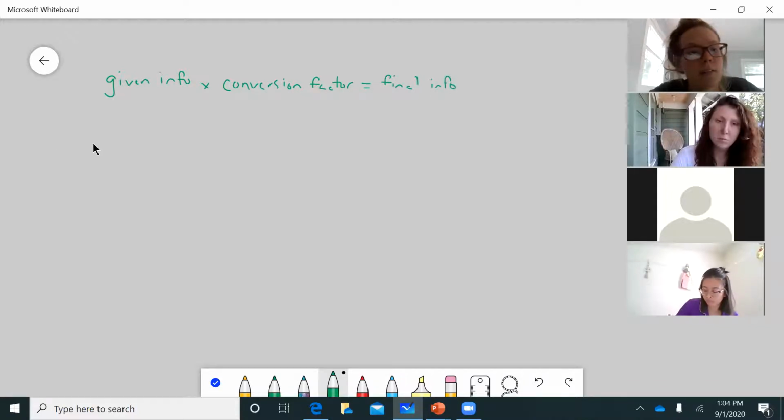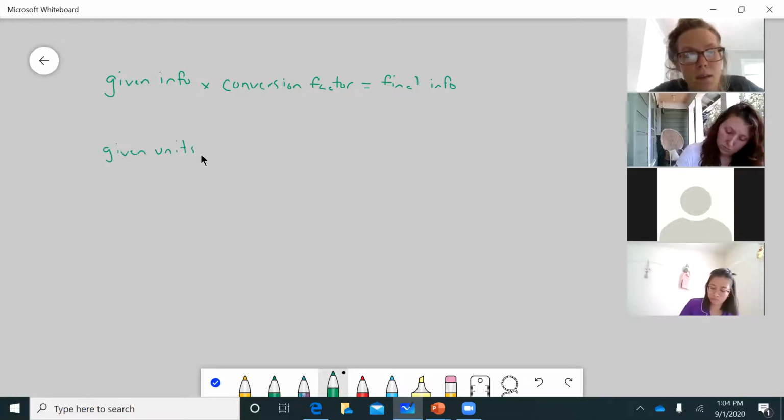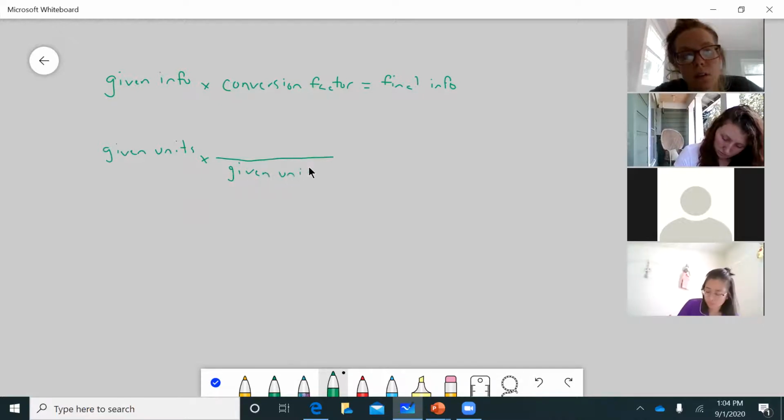Or another way to write this is given units times, I'm going to put a fraction bar underneath it. I'm going to put given units over it, and desired units under it.